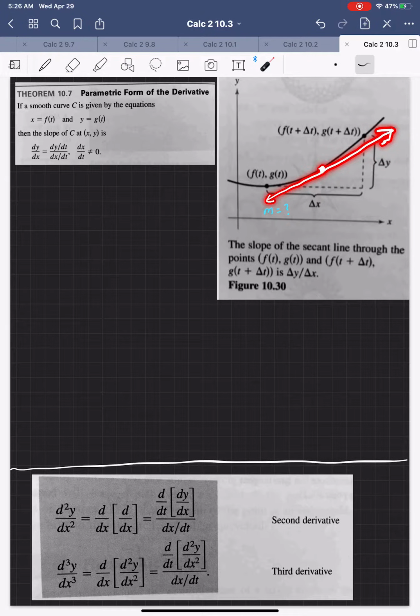Because if we know the slope of that line, and of course the slope of a line is constant throughout the entirety of the line. So if the slope is 3 at this point on the line, the slope is 3 at this point on the line, the slope is 3 at this point on the line.